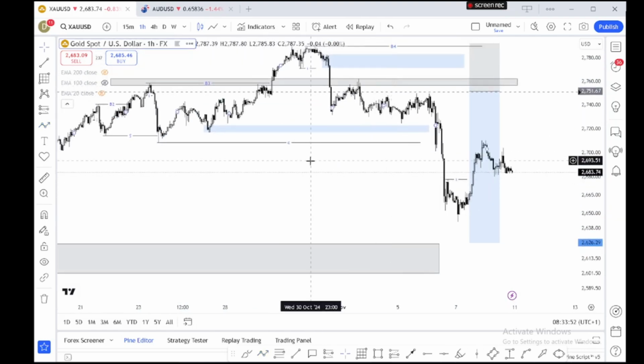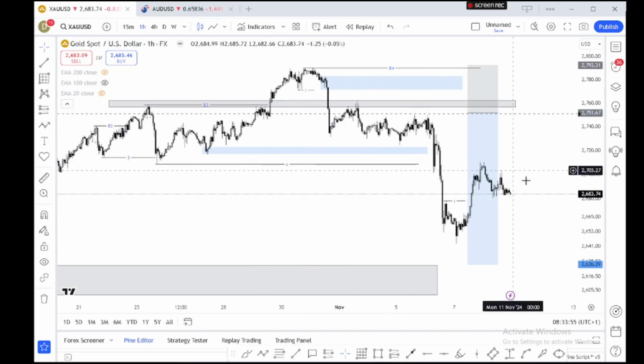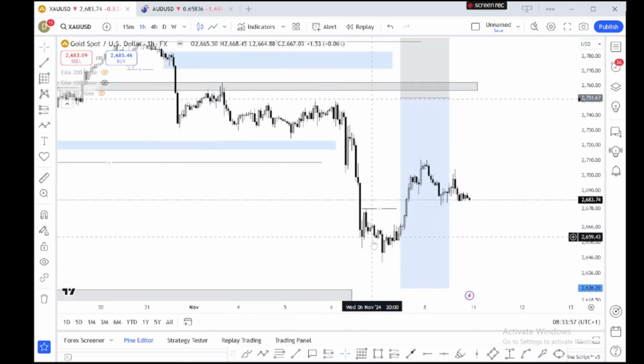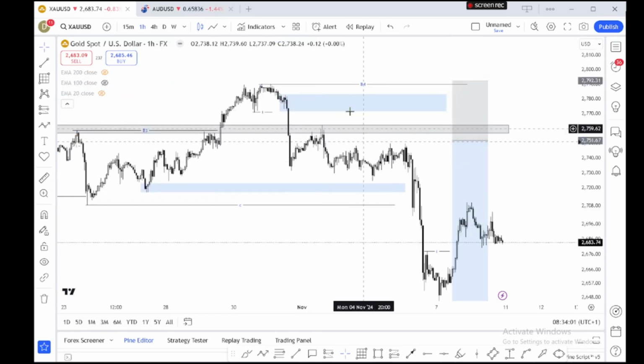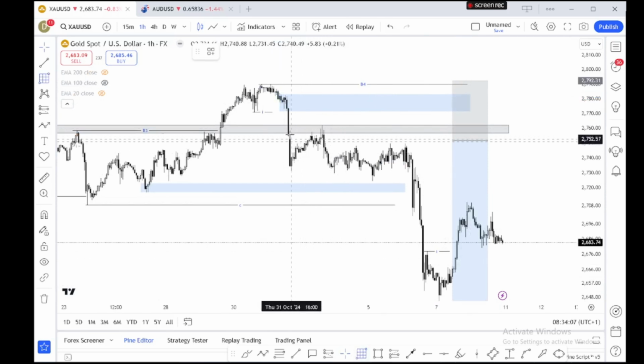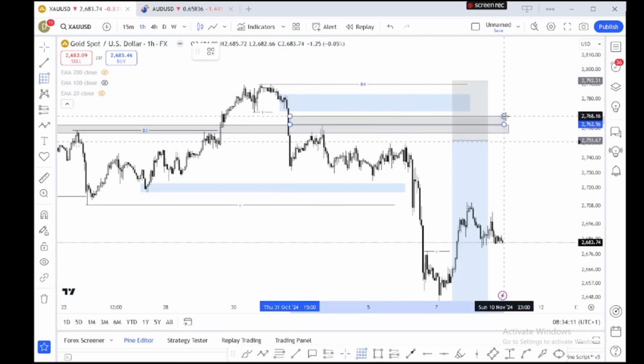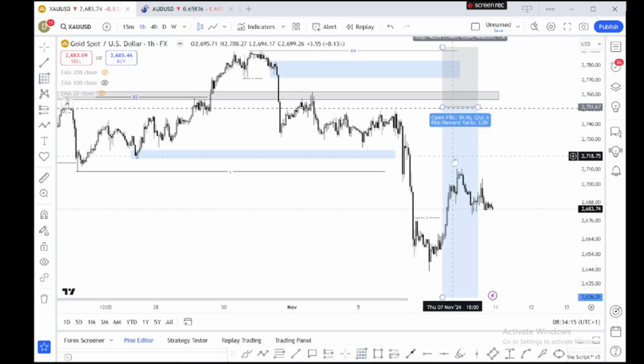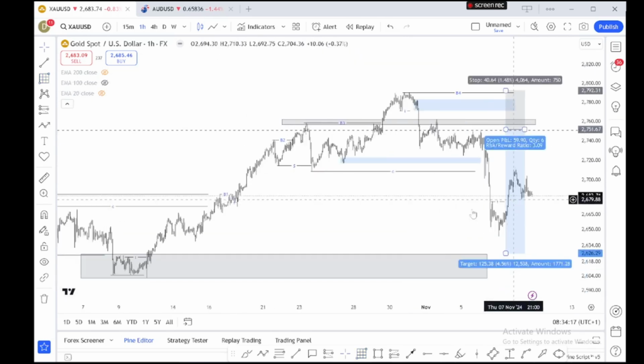As you can see, we had change of character. What happened here is I looked for my inducement, which is here, and I positioned for the extreme. This is my extreme POI high. But because I was looking at this imbalance, I don't want to be stuck in this trade, and I look at what it costs me.